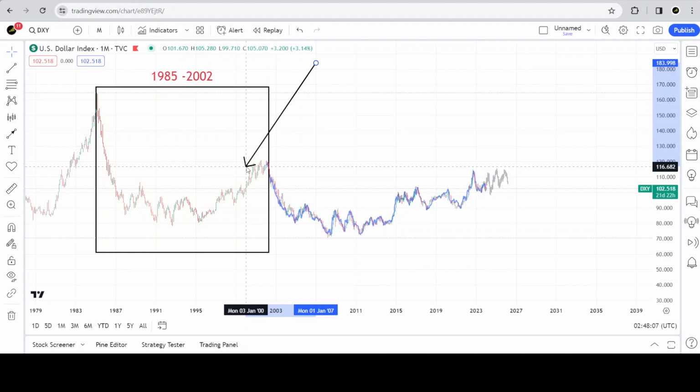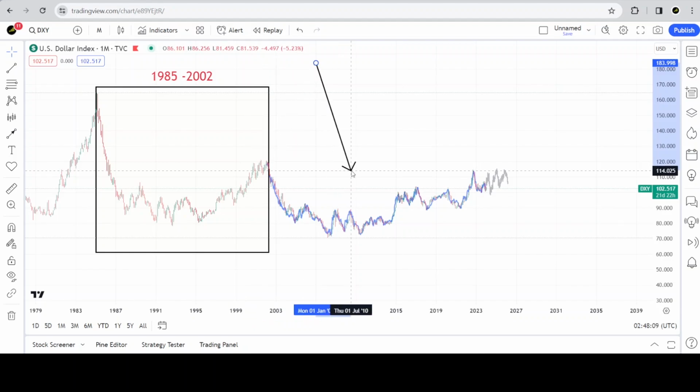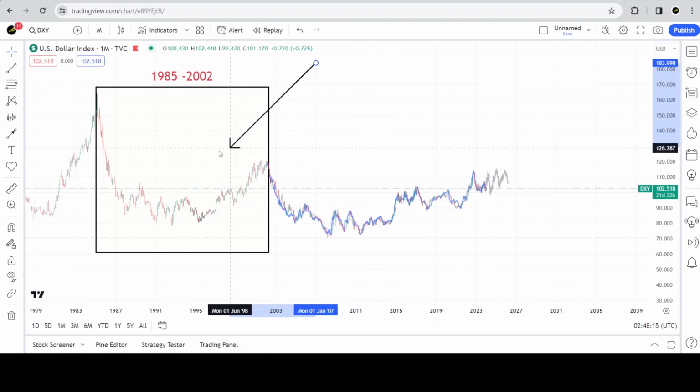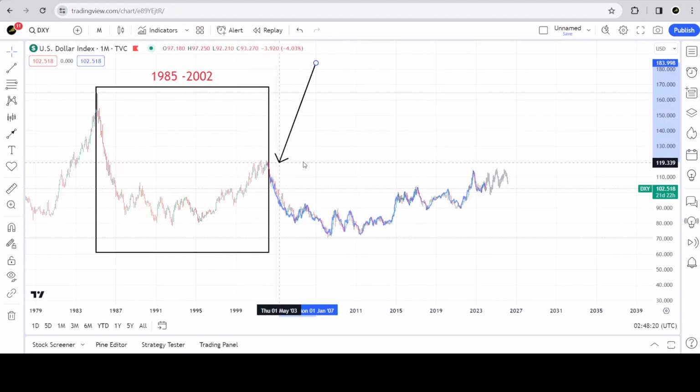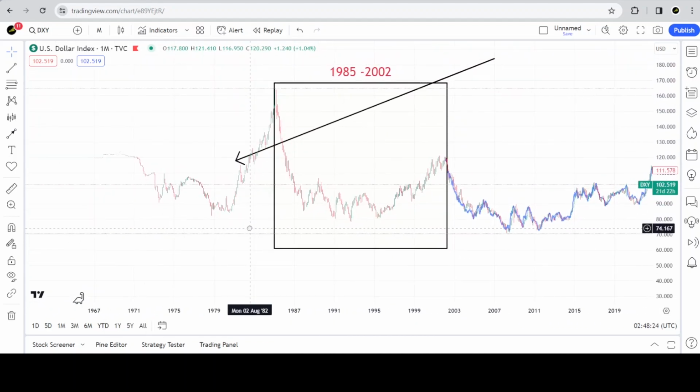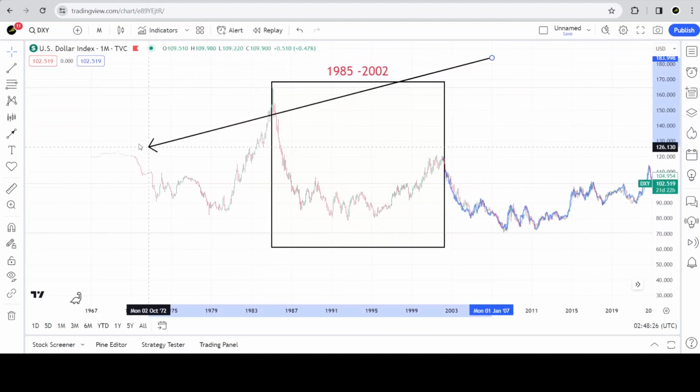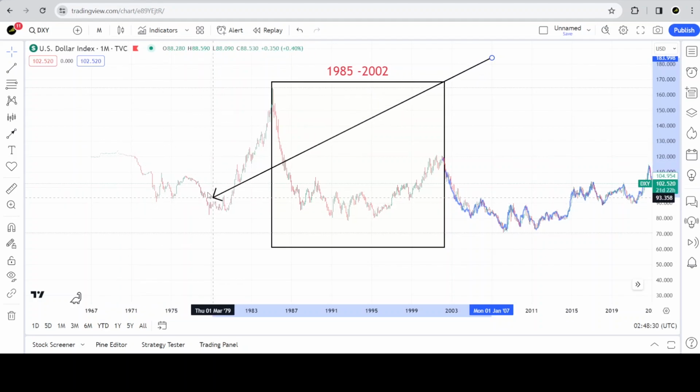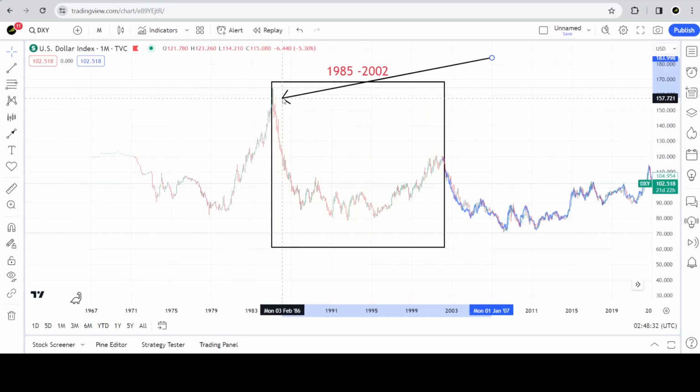The reason it may be doing that is because charts tend to favor more recent history. So this structure right here is more likely to resemble what is happening over here than this one. But the same idea is still playing out, where it starts at a certain point, moves down, does a bottoming out process, and then moves back up.